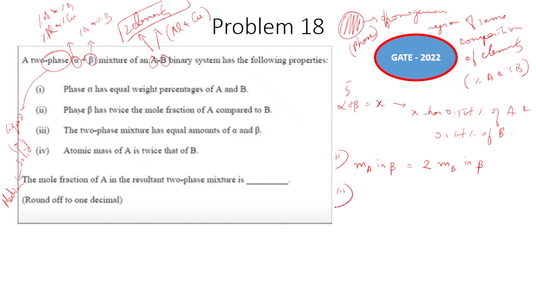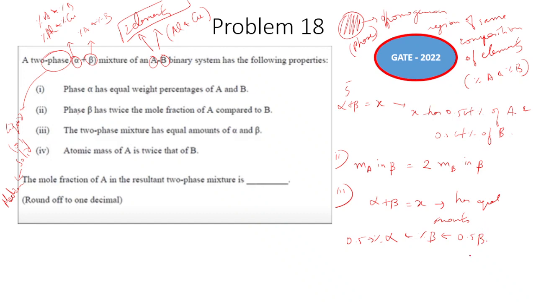The third thing is the two phase mixture, alpha plus beta equal to x, has equal amounts, so I believe it is equal weight percentage of alpha and beta, that is 0.5 of alpha and 0.5 of beta.